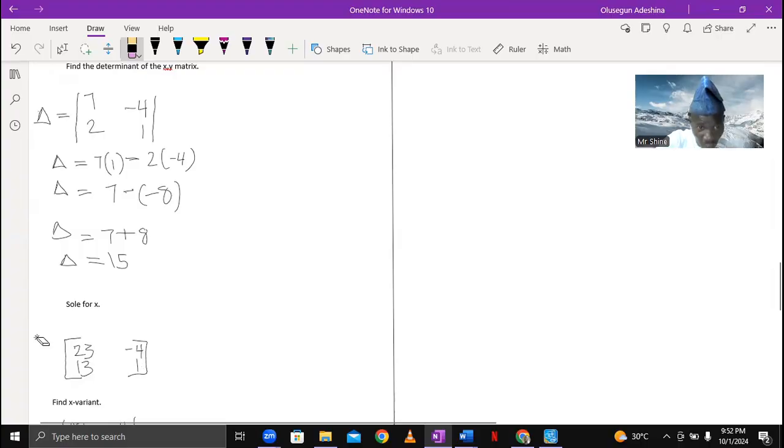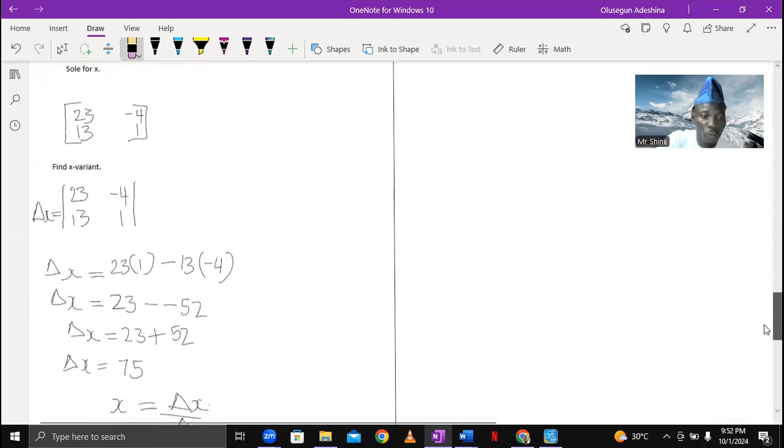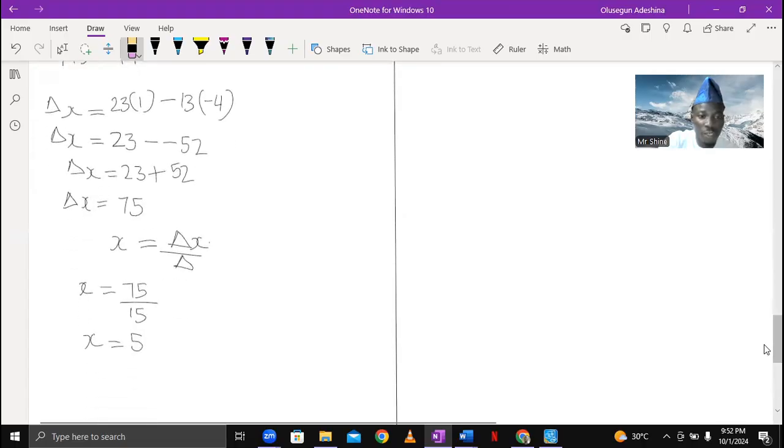Then we find the determinants of this matrix. Then we get an answer. That's just simply what we have to do. Then we say our x will be equal to x determinant over the general determinant. That gives us 75 over 15, and that's fine.